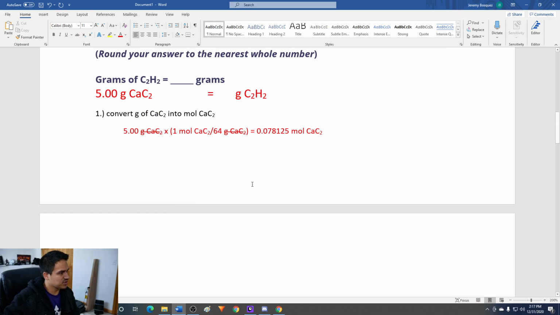All right, so the next step from here is to convert moles of CaC2 into moles of C2H2. First we went from grams of CaC2 into moles of CaC2. Then we're going to go from moles of that material into moles of the other material that they want, which is this C2H2, acetylene. To do that, we need to know the mole ratios.